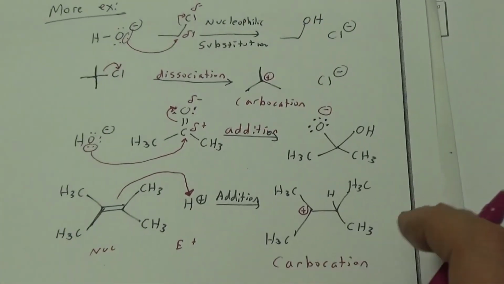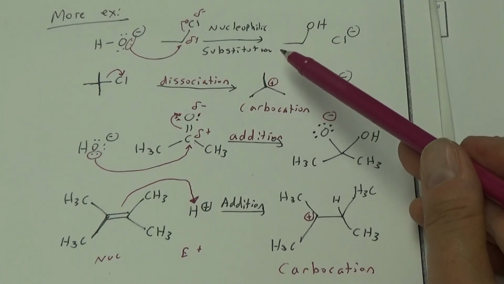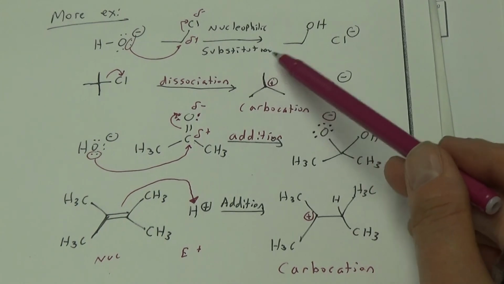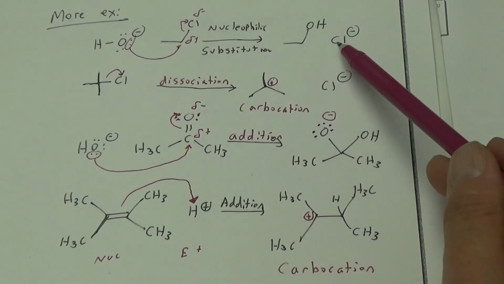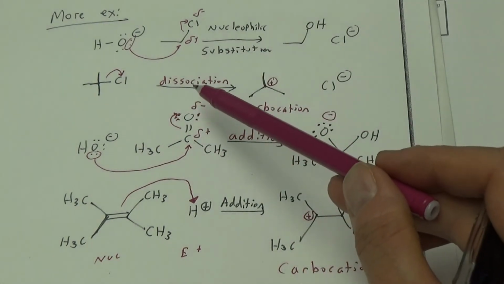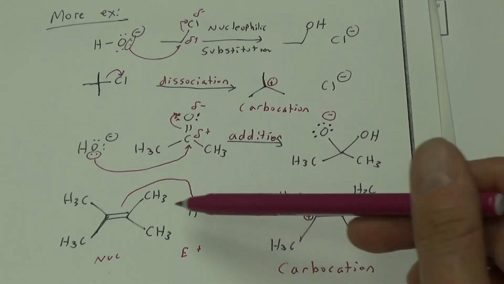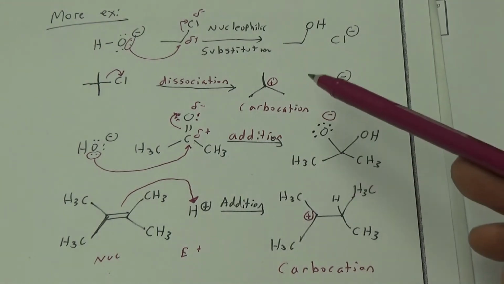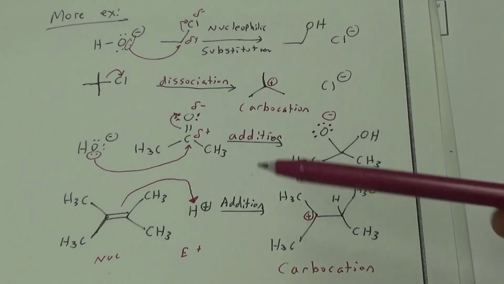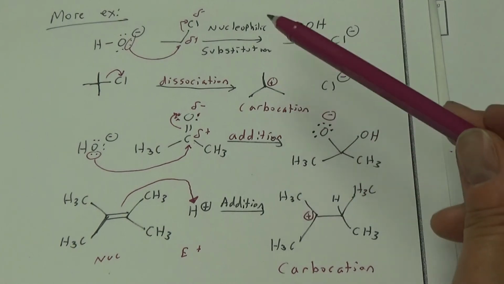Okay, so this shows all four of those examples. Generally speaking, substitution means A plus B makes C plus D, right? Dissociation, A makes B plus C. Something dissociates, right? Addition, A plus B makes C. Here's another addition, A plus B makes C. So this gives names to the different electron pushing mechanisms that we will see 1,000 times through Organic 1 and Organic 2.